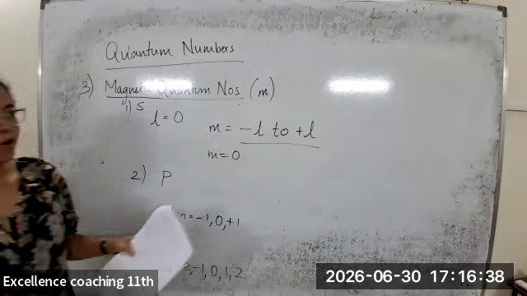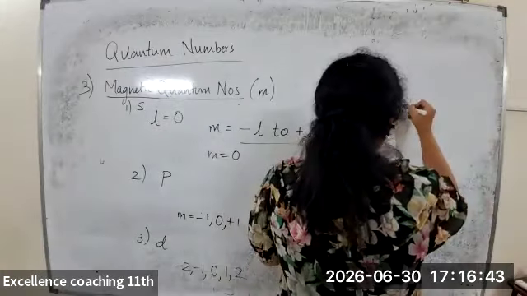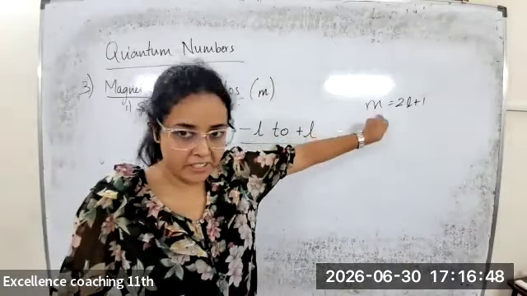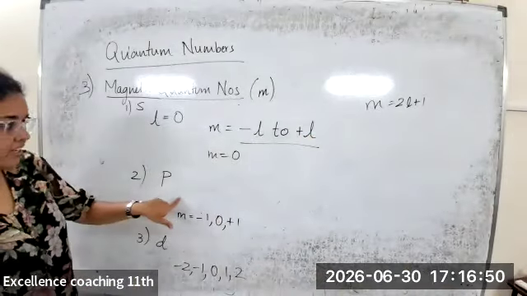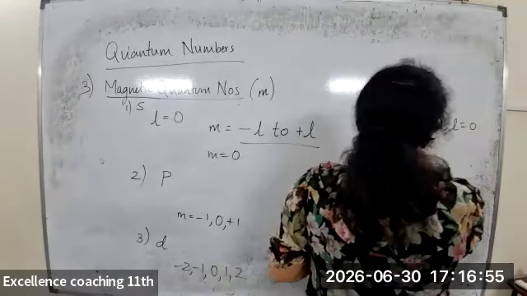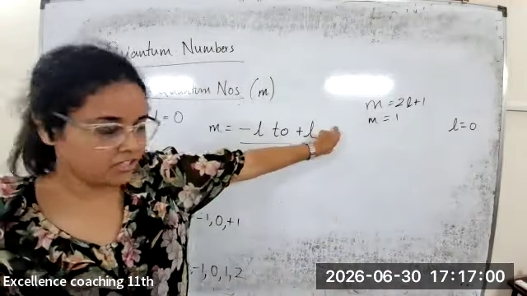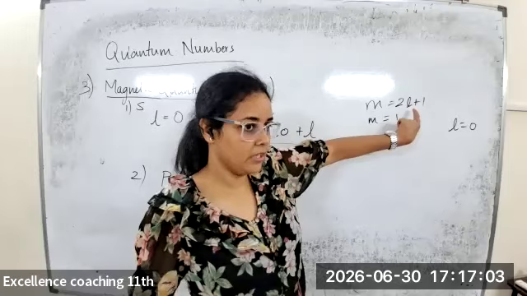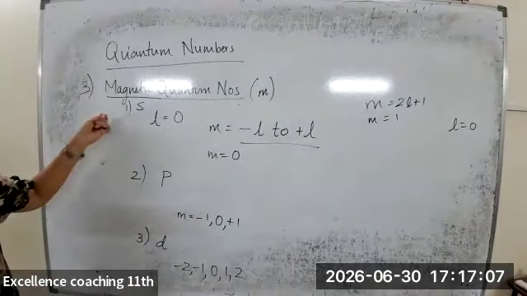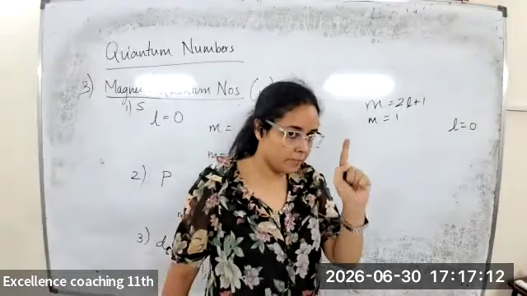And the additional formula is the number of m values is equal to 2l plus 1. This is nothing but to find how many values you will get. When you substitute l is equal to 0, you will get 1. So this formula tells you that for the azimuthal quantum number S, we can have only one magnetic quantum number.